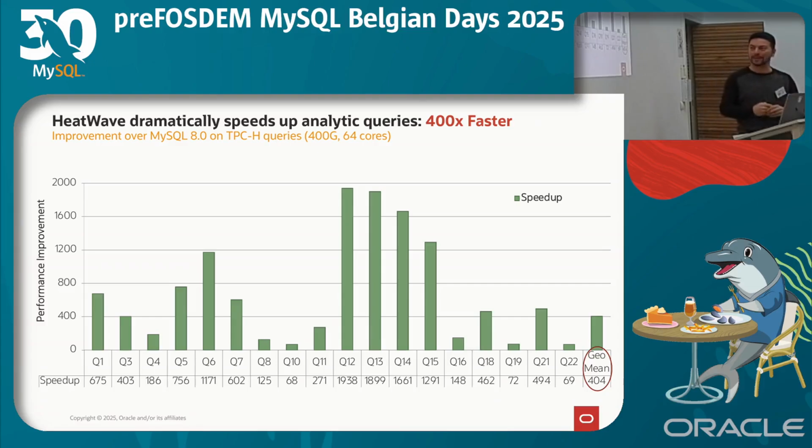I don't want to sound like marketing, but here I just want to show some numbers that we obtained running standard TPCH on 400 gigabytes on a single machine, right? And we are just comparing this with MySQL here on the slide, since this is a MySQL forum. You can see, mileage may vary, but on geometric mean we are about 400 times faster than MySQL for TPCH.